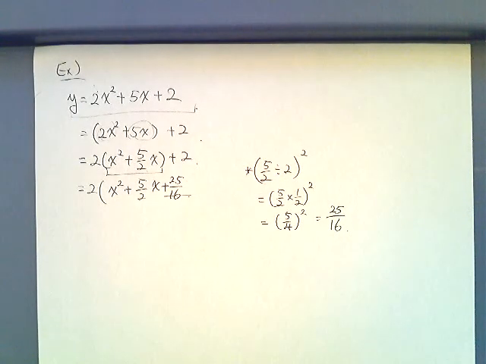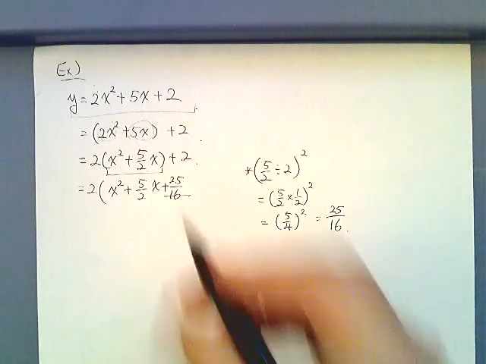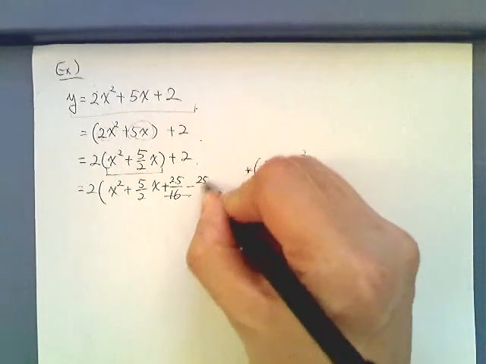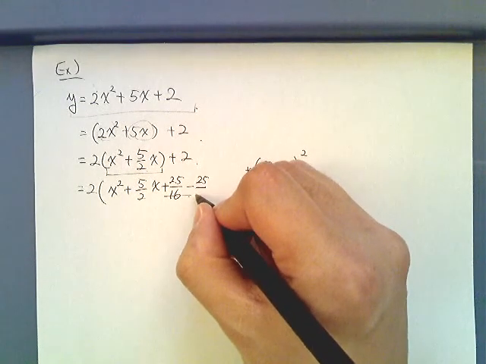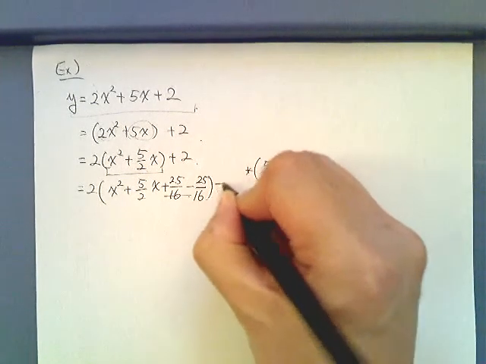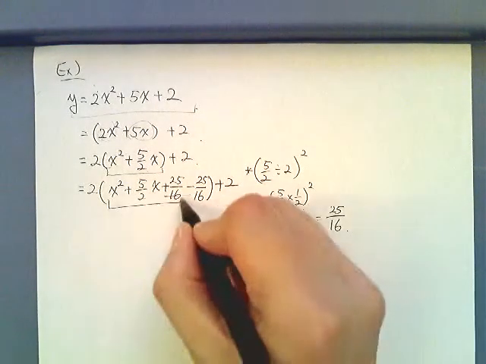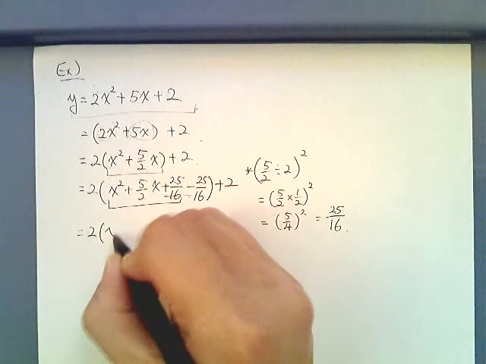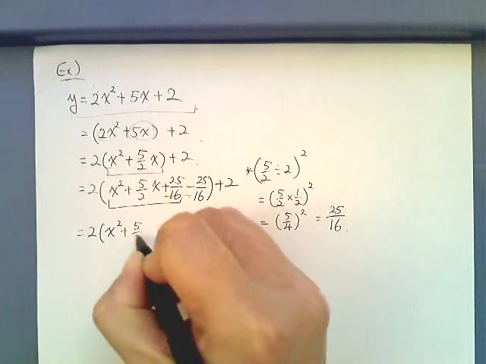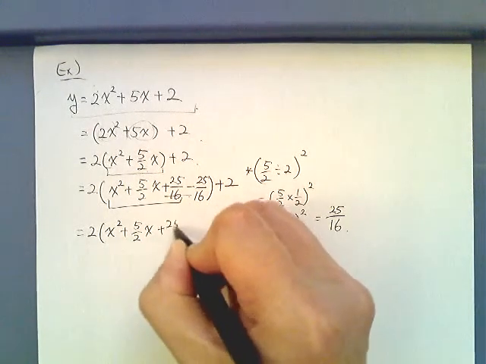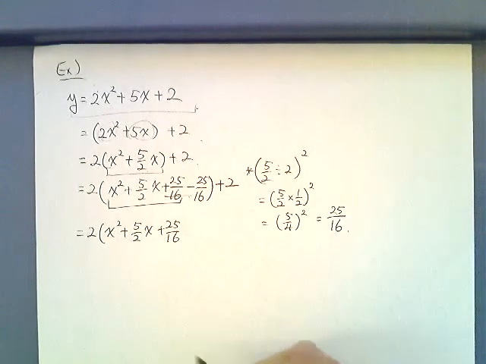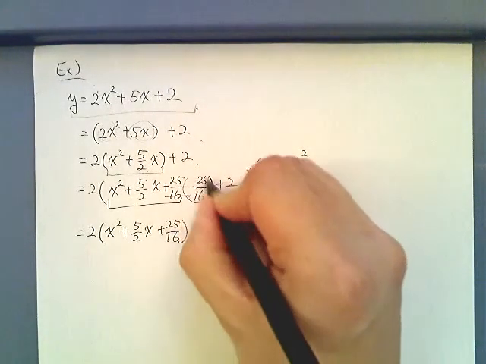However, I just added a not really random number, but 25 over 16 from nowhere. So I have to counter it. So add and subtract 25 over 16, and then plus 2 outside. Now, we only need the first 3, so we only will keep the first 3 inside of the brackets and take this one outside.